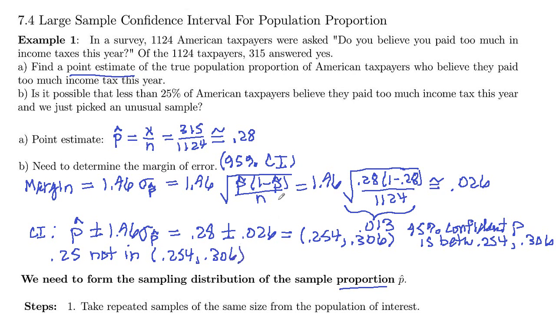So the answer to our question here, is it possible that less than 25% believe they paid too much? Well, 95% of the time this interval should contain the true population proportion. So is it possible that the true population proportion is 25%? It's possible, but not likely.